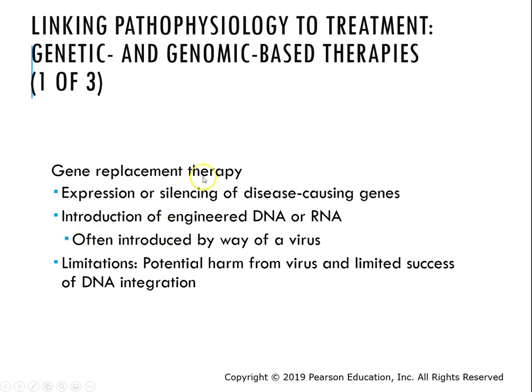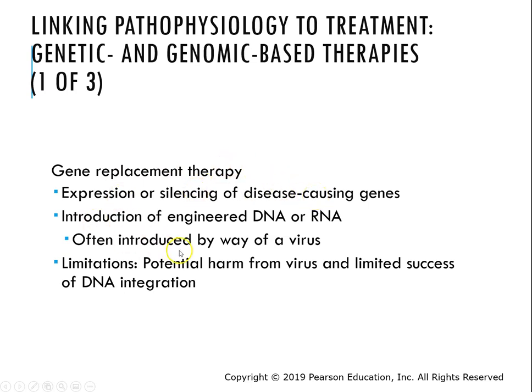If you think about gene replacement therapy, this is the idea of expressing or silencing disease-causing genes. When you're saying expressing, you would want to express the normal allele and silence the diseased allele.